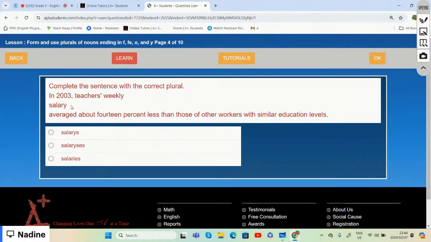In 2003, teachers' weekly salary averaged about 14% less than those of other workers with similar educational levels. So, salaries, if we want to show the plural form of salary, is it option one, salaries, option two, salaries, or option three, salaries? Which one is correct? Option one, two, or three?